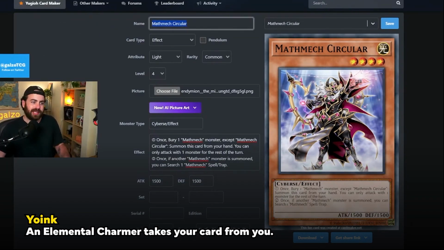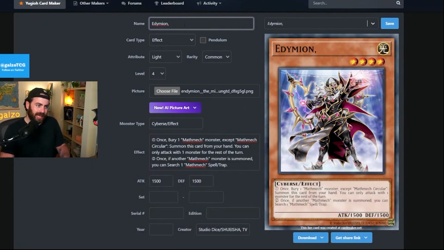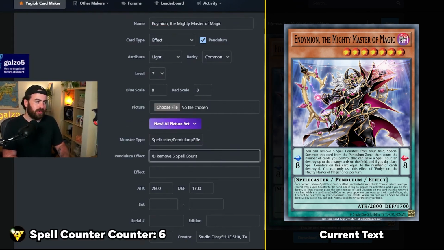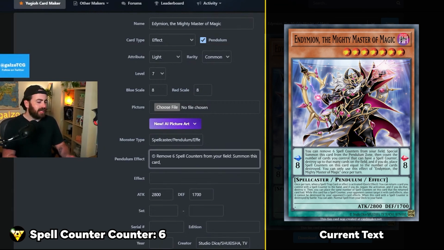Well, we have Endymion Circular here. Even the name is long. Endymion, the mighty master of magic, right? Remove 6 spell counters from your field. Summon this card. It doesn't need to say from the pendulum zone because it's a pendulum effect.